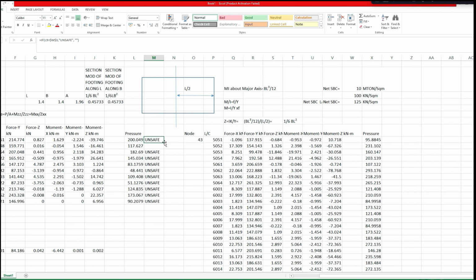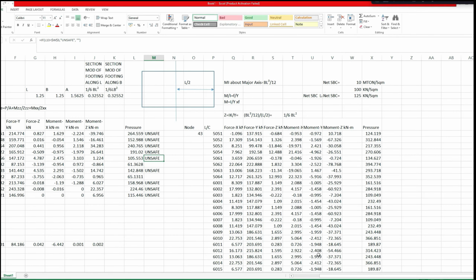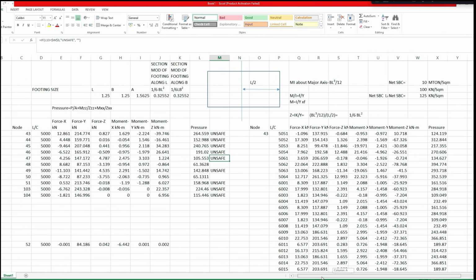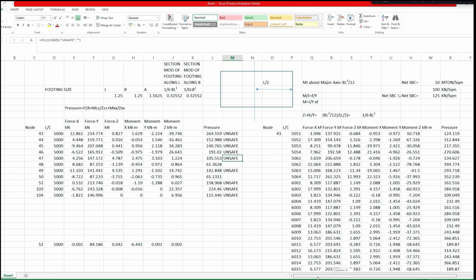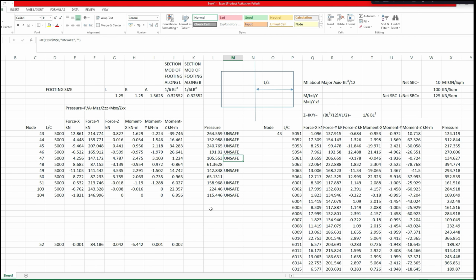So unsafe, pull it again. So you can see for 1.25 and 1.25, two of our footings are safe. These are node number 50 and 48.